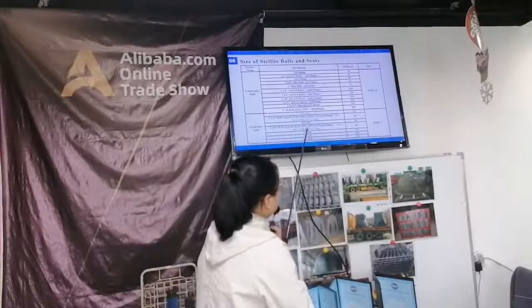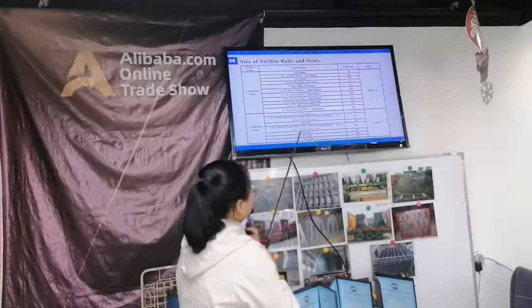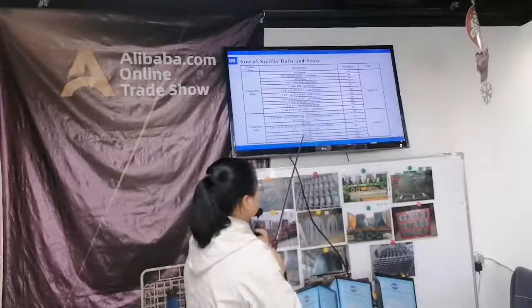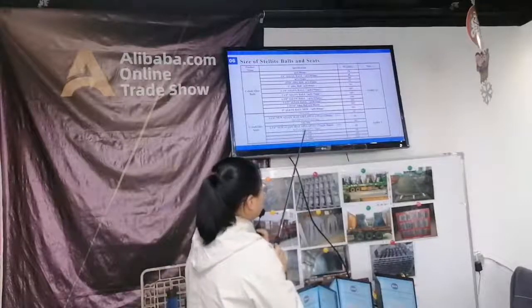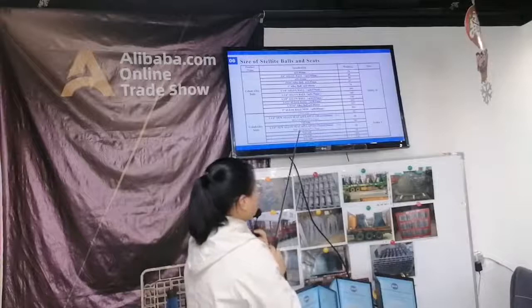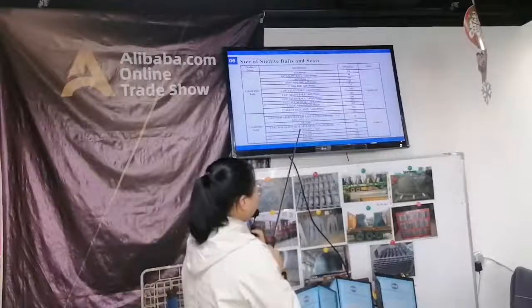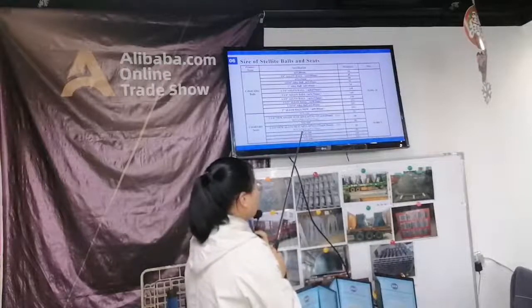From weight 30 to 175, the size for ball is diameter 28.58 mm.